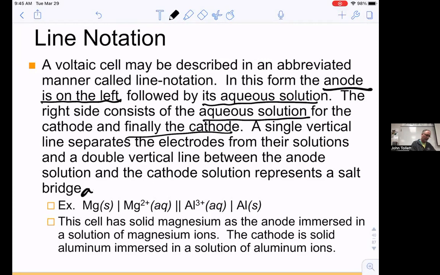So over here will be your anode, and over here will be your cathode. And in between will be your solutions. This double line in the middle represents your salt bridge. And it doesn't matter what the salt bridge is made out of. It's just two lines. You don't have to write what it's made out of. So in this particular cell, you've got a magnesium anode, which is losing electrons, and an aluminum cathode that's gaining those electrons.